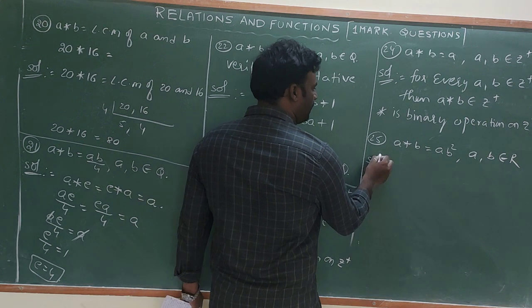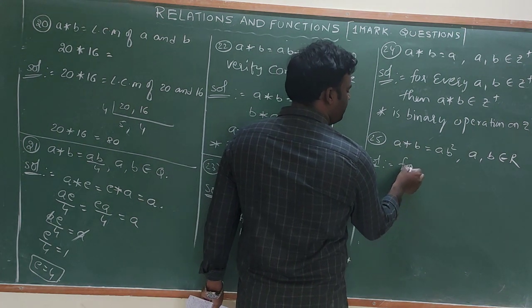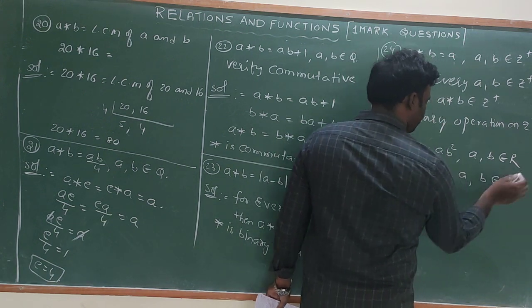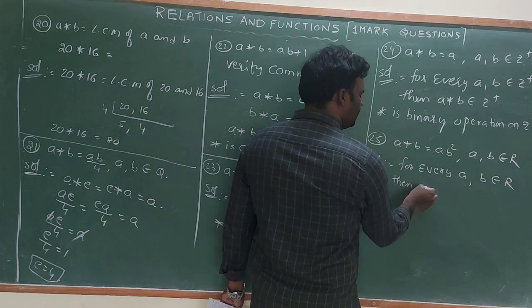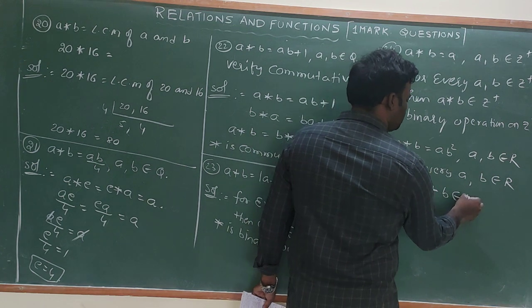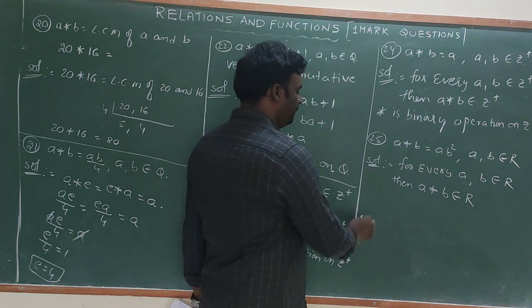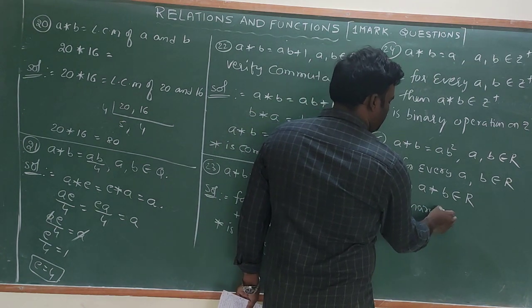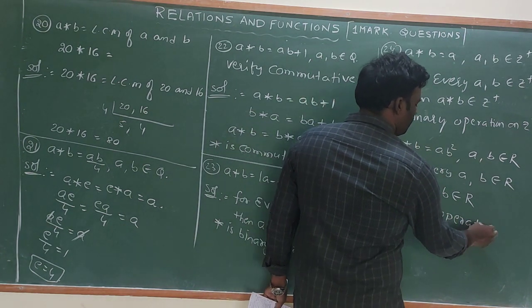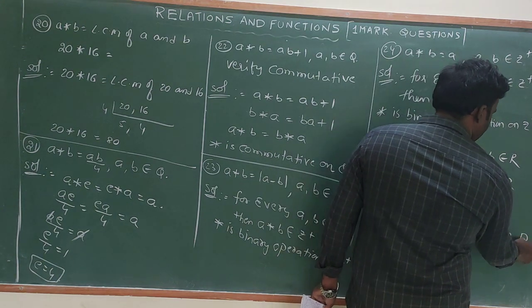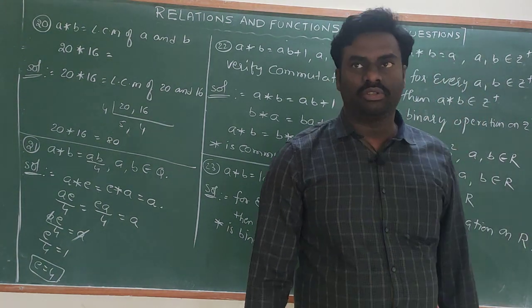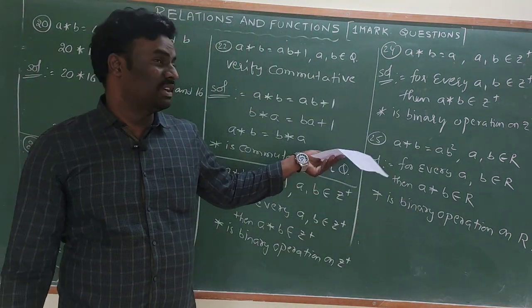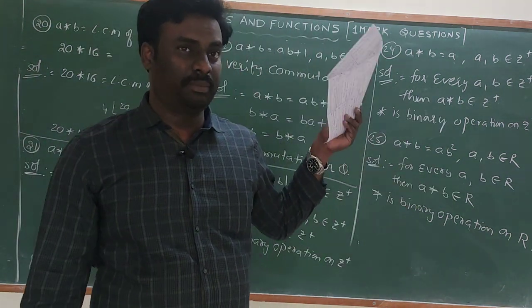That's why what we can write, for every A comma B belongs to R, then A star B also belongs to R. Therefore, star is binary operation on R.